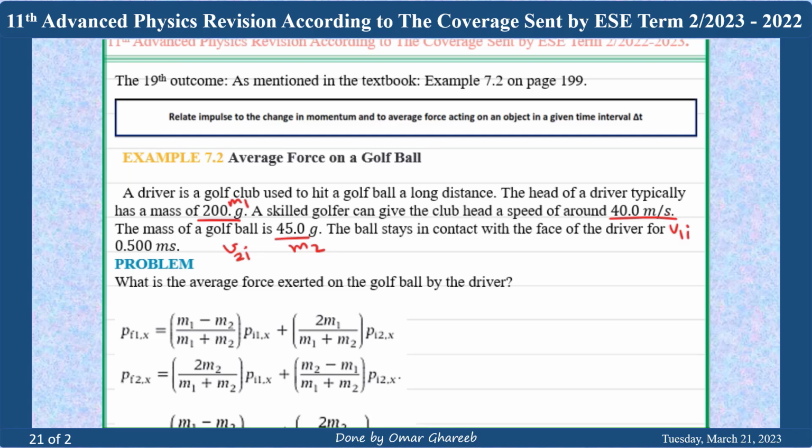Then you hit it and it moves. The ball stays in contact with the club for a time interval of 0.5 milliseconds. So delta T equals 0.5 times 10 to the minus 3 seconds, so it is 5 times 10 to the minus 4 seconds.